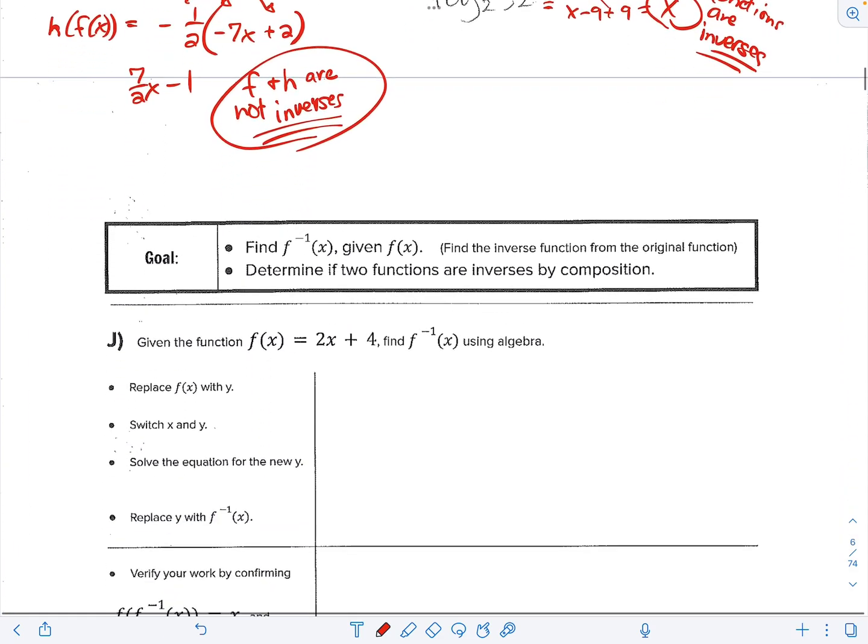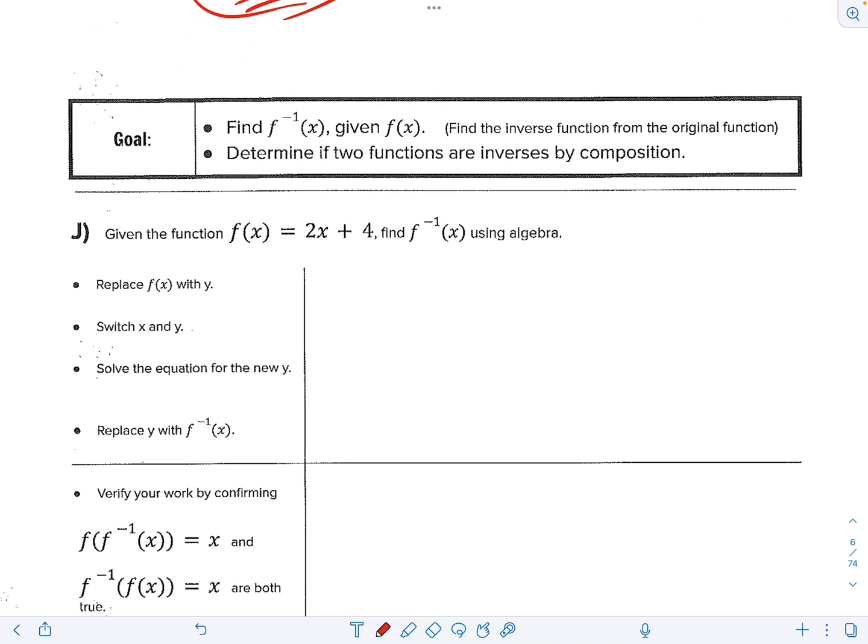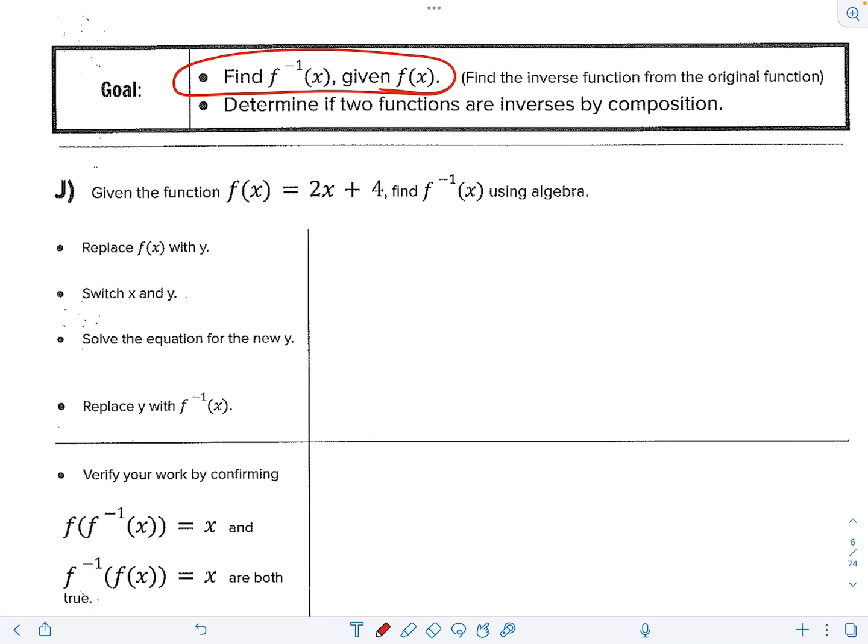Second thing is how to find an inverse. So the goal is to find f inverse. Here's a nice, quick, easy way to determine the inverse of a function. There are 4 steps here.